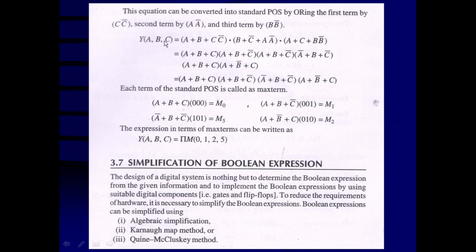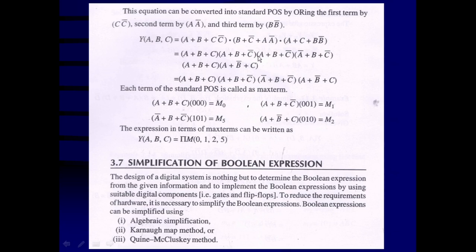So y is a function of ABC, equal to the first term A plus B ORed with CC bar, dot the second term B plus C bar, where A was missing, so AA bar was added, and the last term is A plus C, and BB bar was added here. This can be separated into two terms: A plus B plus C into A plus B plus C bar.